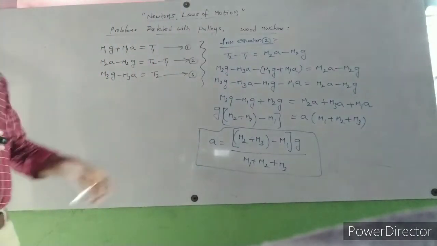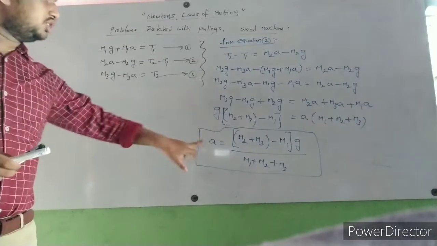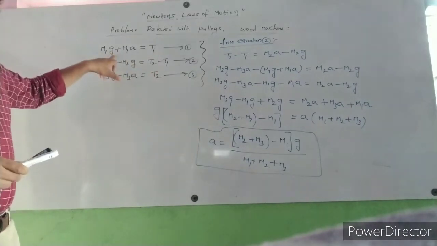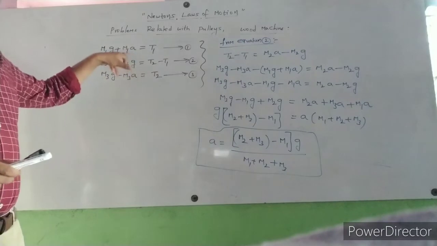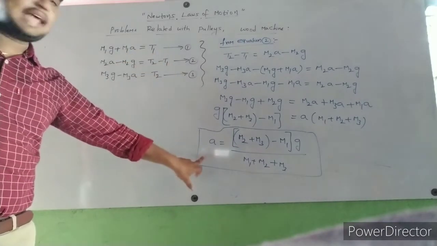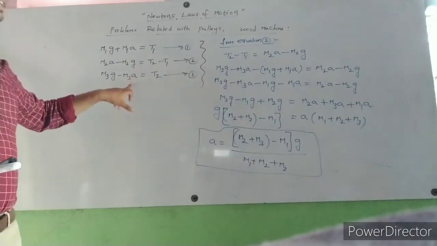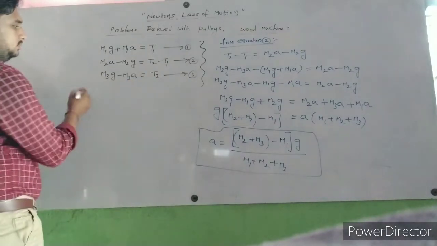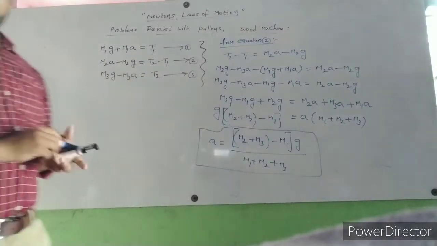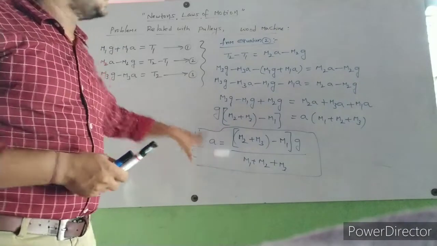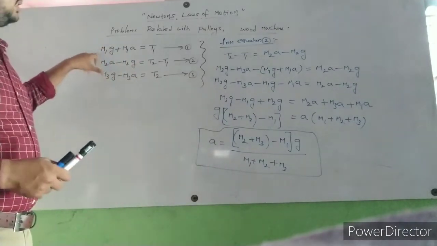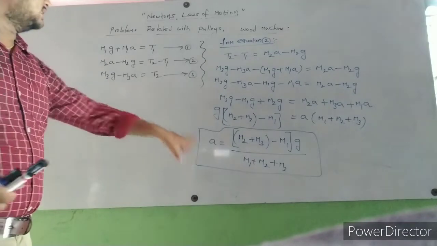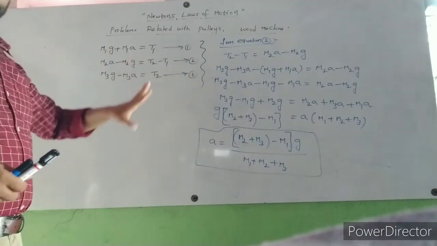We want T1 and T2 also. Substitute this acceleration value in the first equation, we get T1. Substitute this acceleration value in the third equation, we get T2.